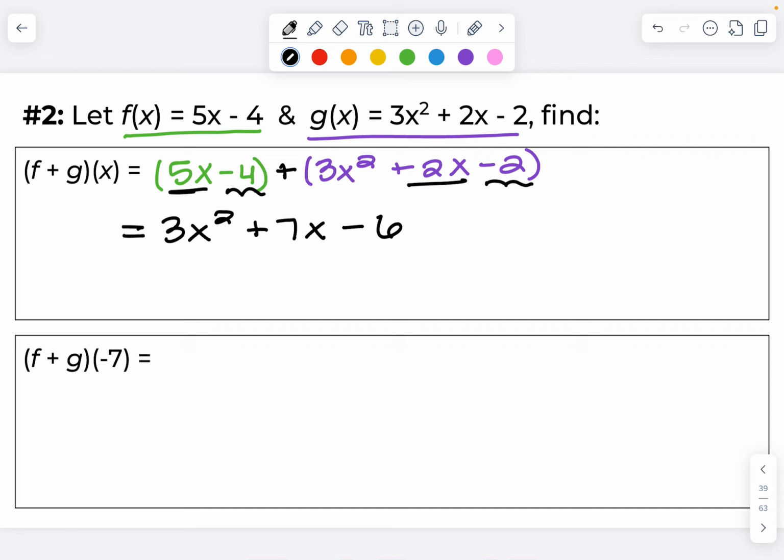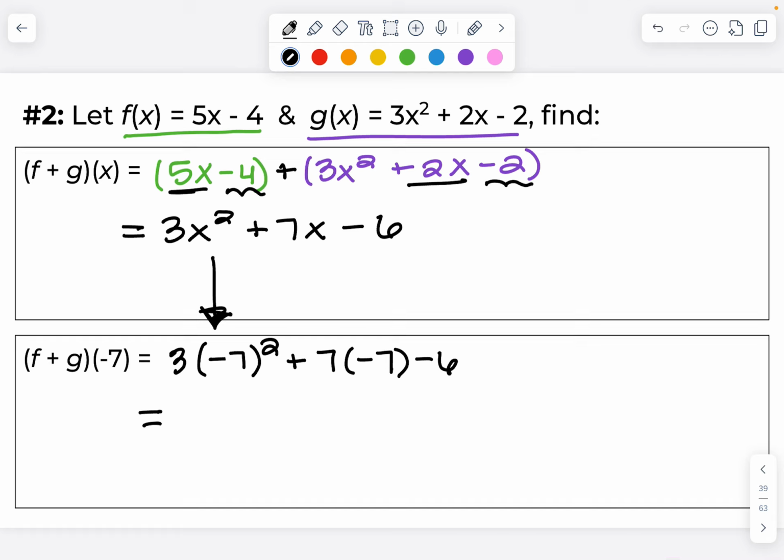Now I've got to find f plus g of negative 7. So I'm going to take what is already right here, and I'm going to plug negative 7 in everywhere I see an x, and then I'm going to simplify this.